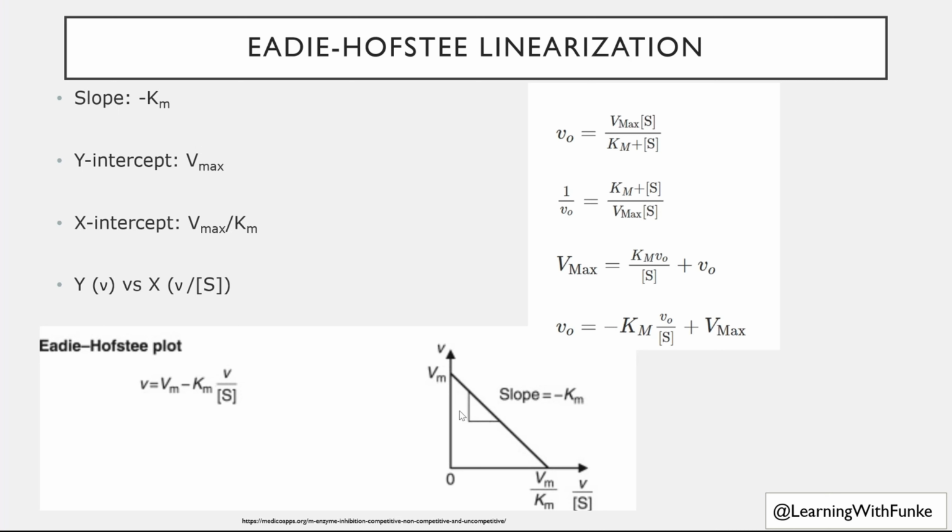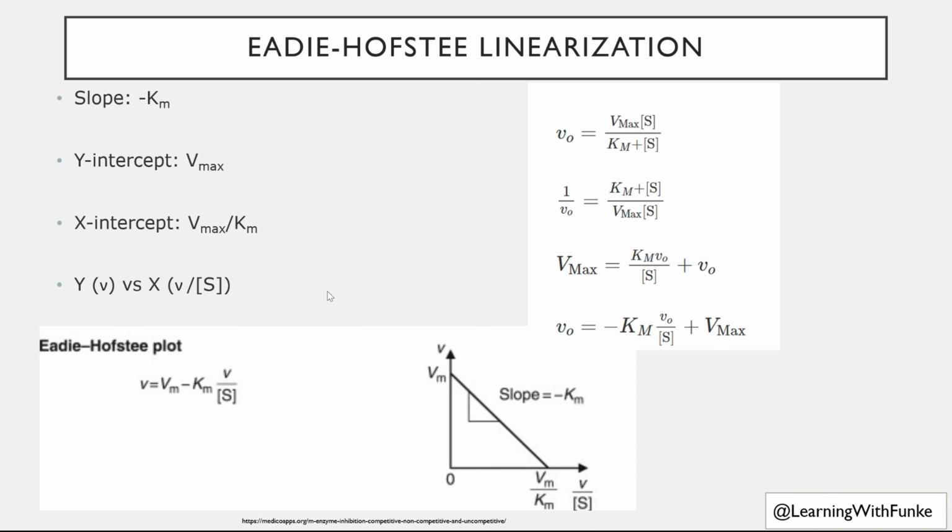And so pretty much you can make a similar analysis like we just made for competitive, uncompetitive, non-competitive. So if your slope is negative Km, in a scenario where Km is equal to Km prime, which is the non-competitive scenario, you would expect that the slope for this type of linearization in non-competitive will be the same.